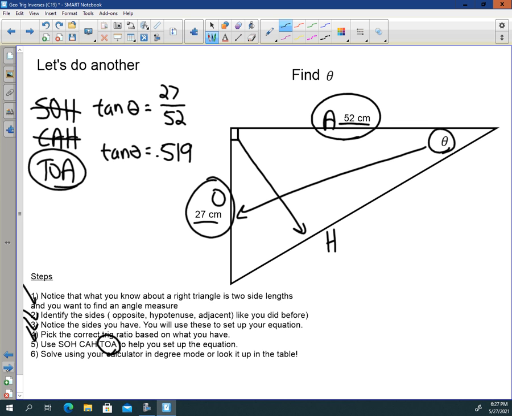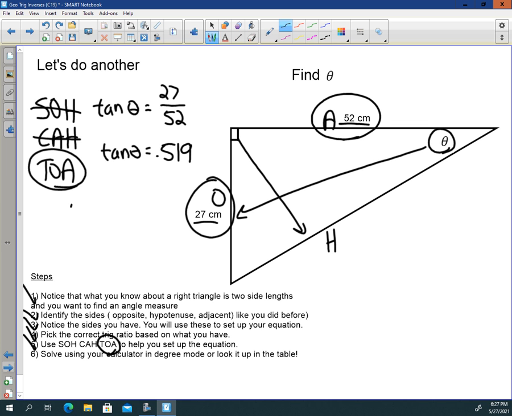Okay, so essentially what we're going to do is solve using our calculator in degree mode, because looking it up on the table was a little bit problematic. We couldn't find 0.519 on the table, but that's okay, because all we have to do is use the inverse tan function to quote-unquote cancel tan from the left side.